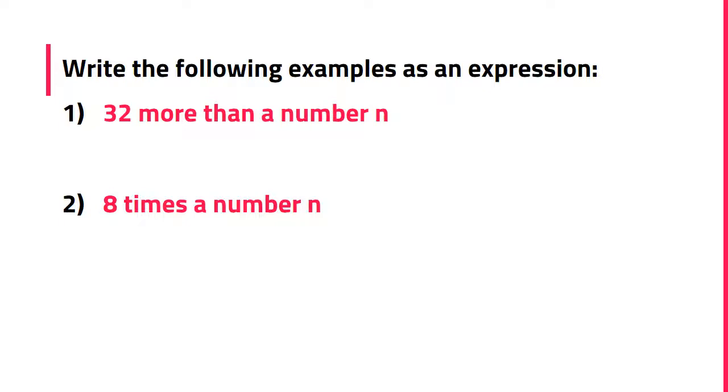Okay, so let's take a look. Something that I often like to do to help myself is to write symbols above or below the phrases. So for example, when I say more than, is what type of operational symbol? Am I adding, subtracting, multiplying, or dividing? More than implies addition, so this would be a little plus sign.